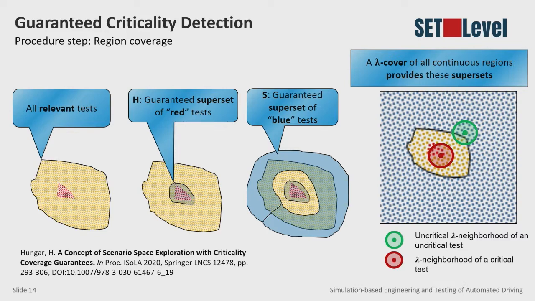So this gives me something like the green circles with the dot in the middle, which is the representative run. And very much the same I have for the critical ones. I can see, okay, here I am critical, and I know all the local neighborhood are at least significantly critical. And then I can cover also the identified critical regions.